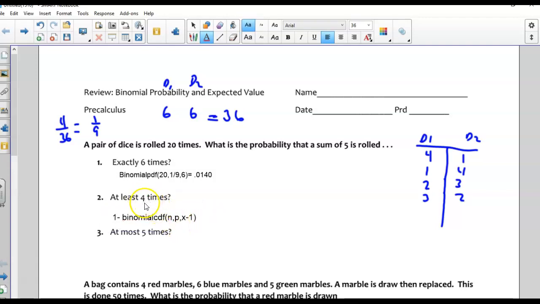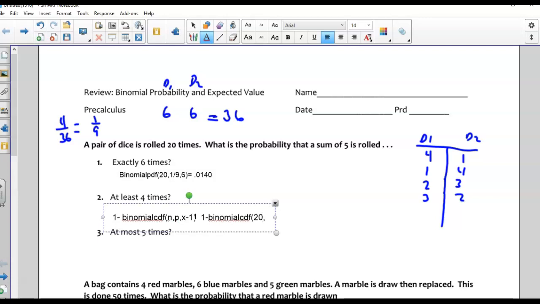See how this says 4 times? For this example, we're going to do 1 minus binomial CDF, with 20 rolls as the number of trials.